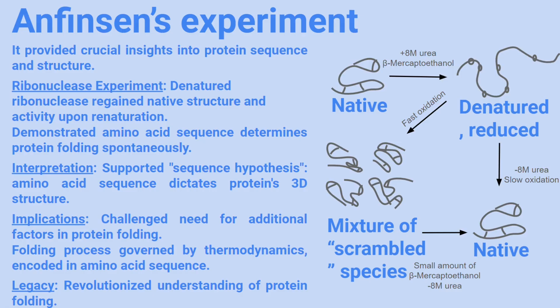So he made an experiment with ribonuclease. This is his most famous experiment, and it involves the denaturation and renaturation of ribonuclease, an enzyme that catalyzes the degradation of RNA. Anfinsen first denatured ribonuclease by treating it with urea and beta-mercaptoethanol, which disrupts the protein's native structure.